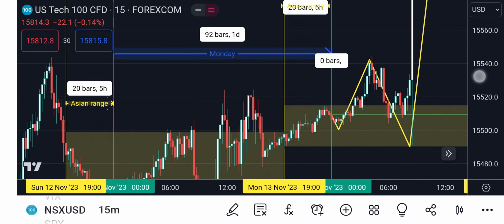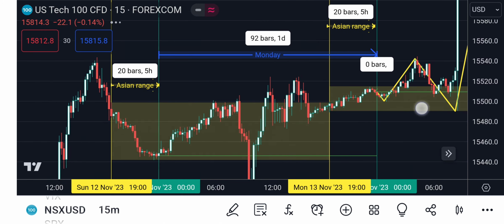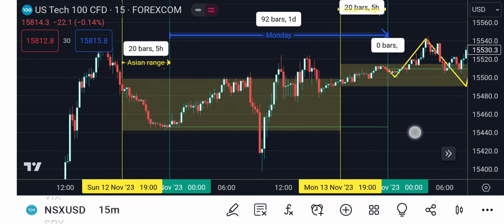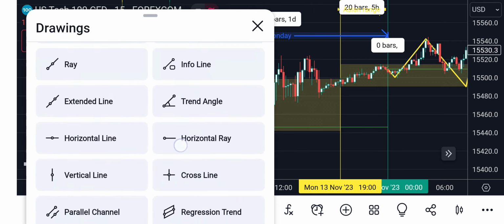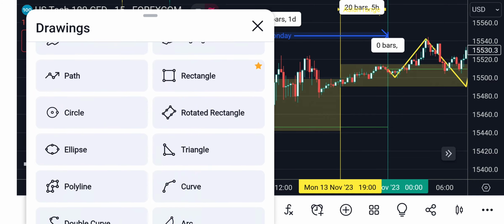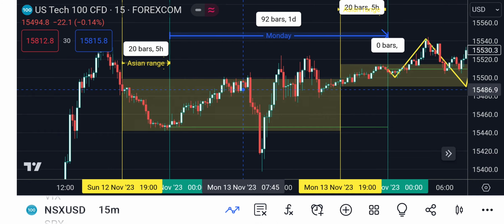So if the Asian range and the high of the day are in support of each other, going in the same direction, it's basically a higher probability sell or buy, depending on which direction it breaks out of. Okay, and then another one here on a Monday.